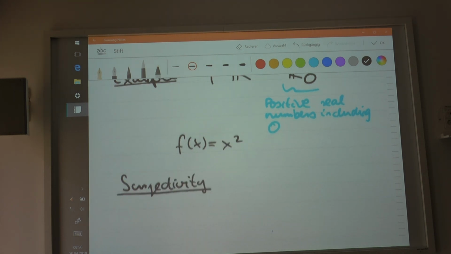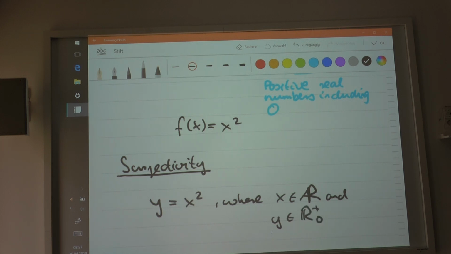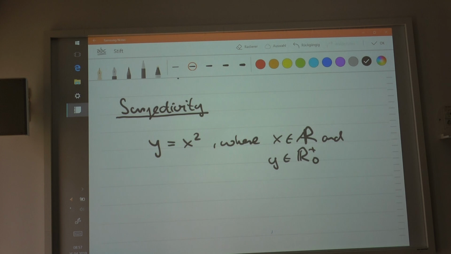So what is the surjectivity of the function? Suppose that we have y equals x squared, where x is from the set R, and y is from the set R plus 0. Then how would you solve that for x?